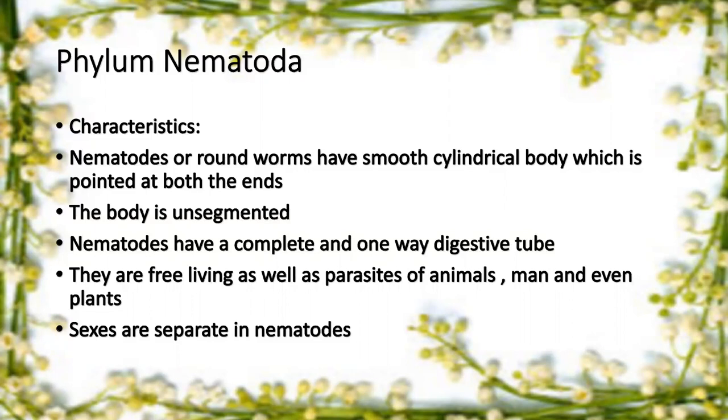They are free living, or on their own accord they can live, but some are parasites. Parasites of animals as well as in men. Even some nematodes are found on plants, but these are very rare cases.